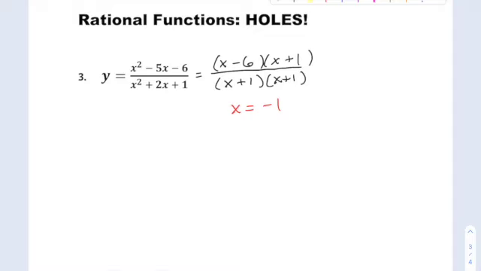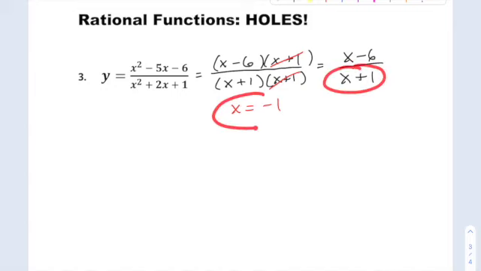So you can see x plus 1 cancels. However, you're still left with x plus 1 in the denominator. That's intentional, which is why I included this example. Even though I was able to cancel one of the x plus 1s, I'm still left with x plus 1 in the denominator. That means this is still making the graph undefined. It's a vertical asymptote.